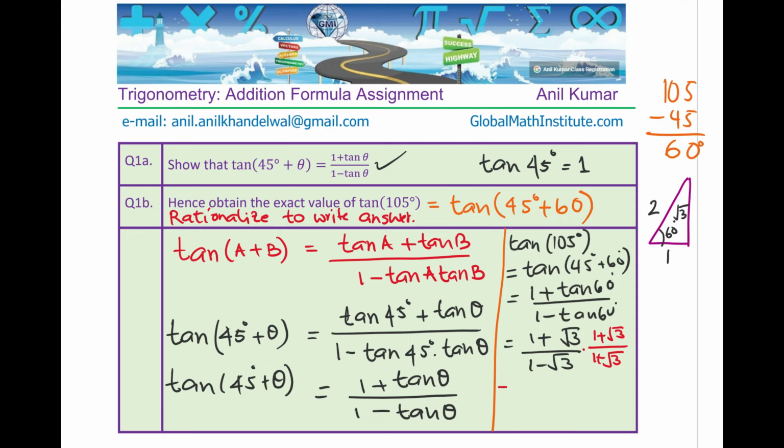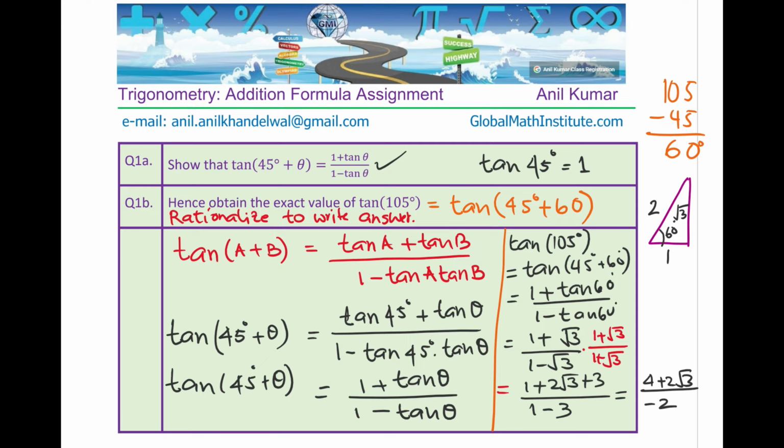Once you rationalize, the numerator is a perfect square, 1 plus square root 3 whole squared, which is 1 plus 2 square root 3 plus 3. The denominator is a squared minus b squared, that is 1 minus 3. So you get 4 plus 2 square root 3 over minus 2. You can now divide by minus 2.